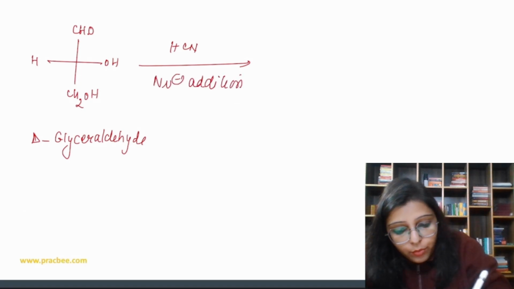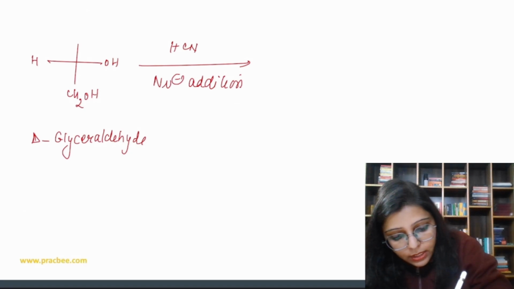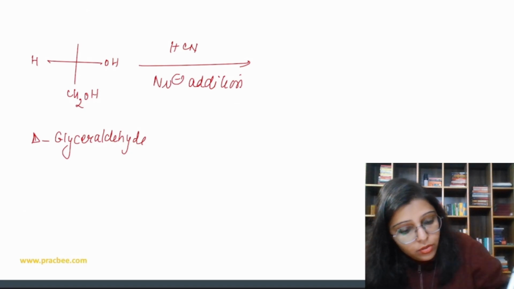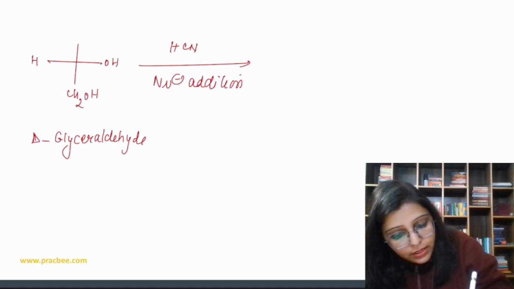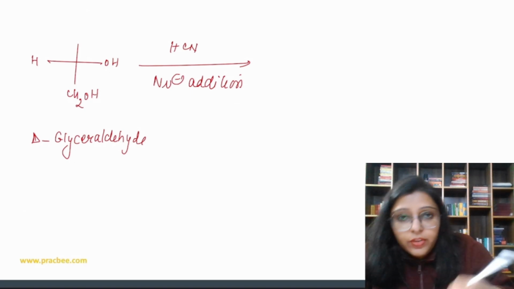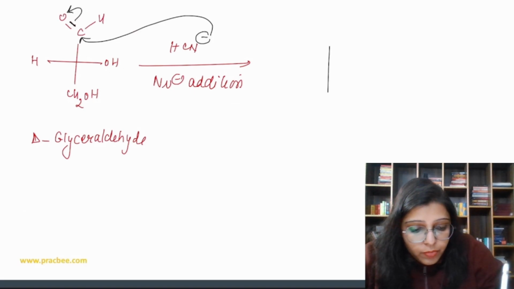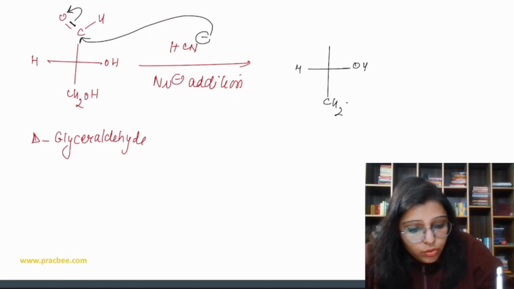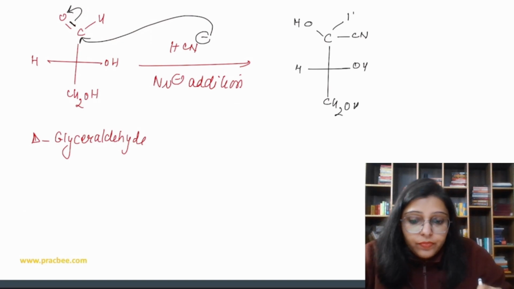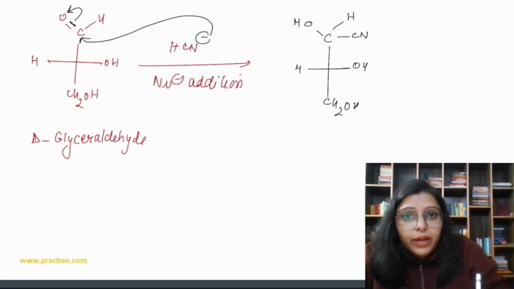If I write CHO as C double bond O and H, then CN minus attacks this carbonyl carbon. The electron of this bond shifts over here, which can further take H plus. By doing so, we get H, OH, CH2OH, with CN and H here.